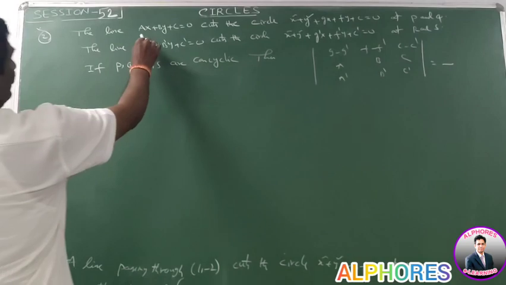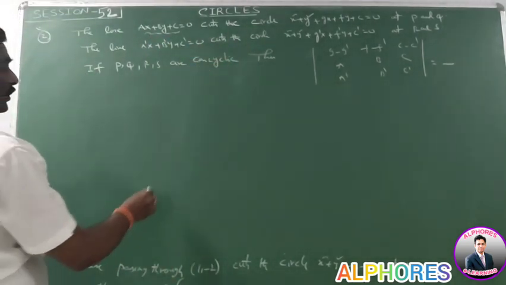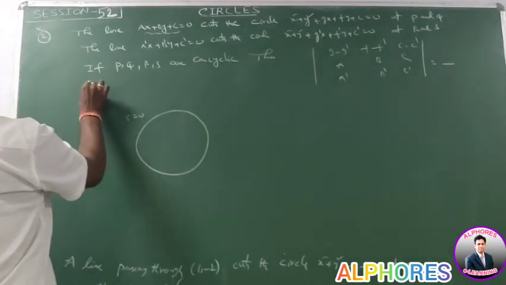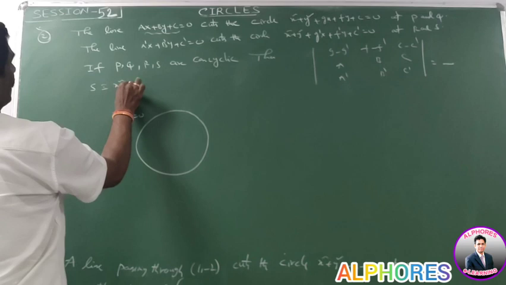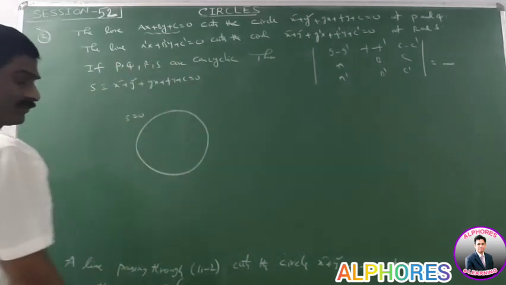In the first case, the line ax plus by plus c is equal to 0 cuts the circle at P and Q. Suppose this is the first circle S, say S is equal to x square plus y square plus gx plus fy plus c is equal to 0.